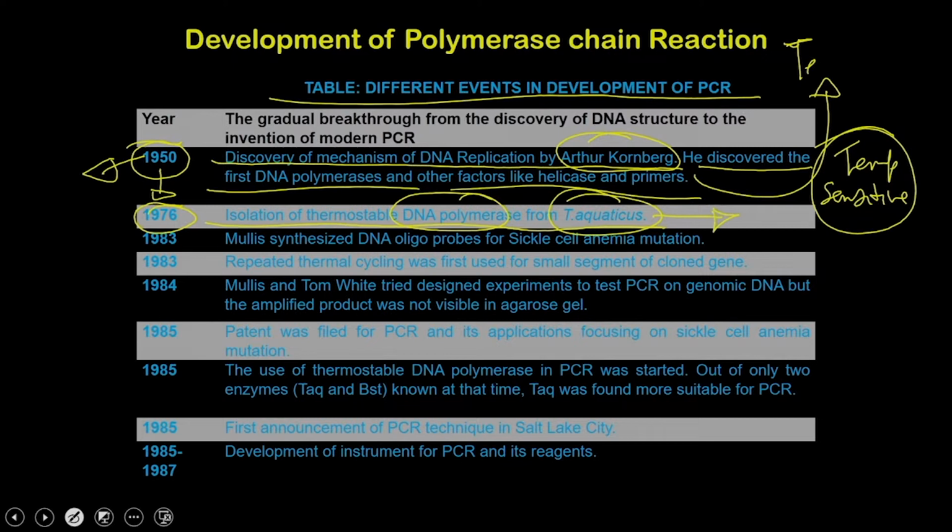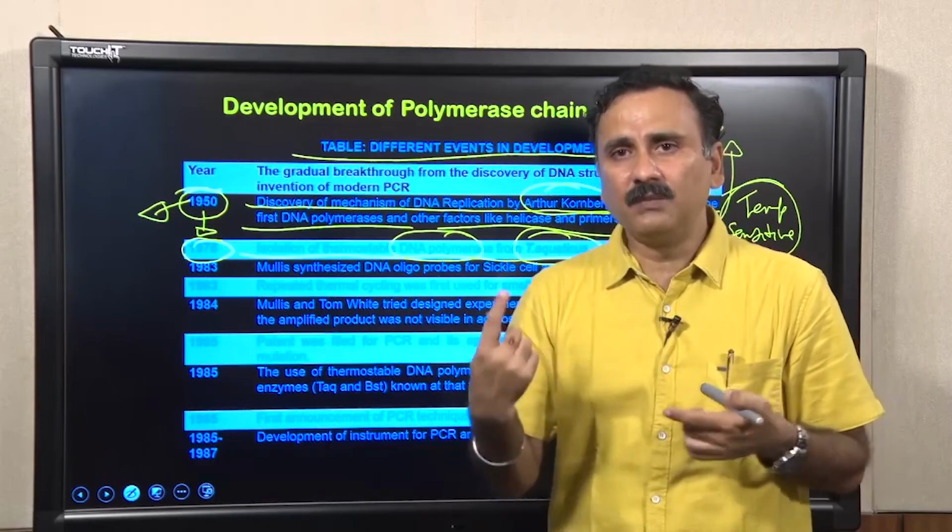That DNA polymerase is called Taq DNA polymerase, and it is very stable. It can withstand a temperature of 95 degrees Celsius, which means you can use this enzyme over multiple rounds, and you do not need to add the enzyme for every cycle.